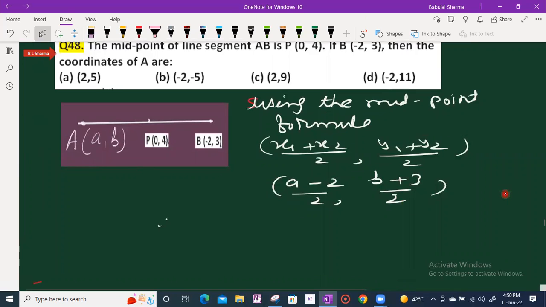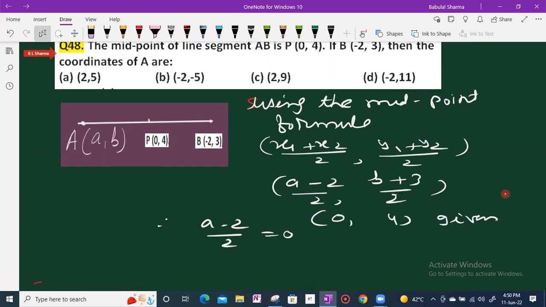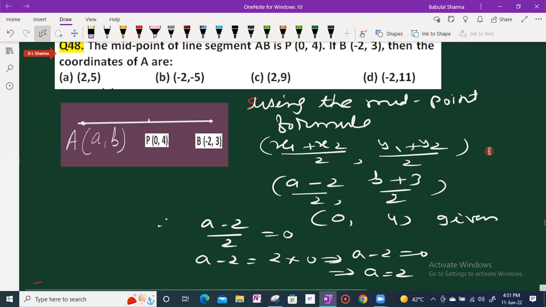Therefore (a minus 2) by 2 is equal to 0. See, the coordinates given are (0, 4). Compare: (a minus 2) divided by 2 is 0. So a minus 2 is equal to 2 multiplied by 0, which is 0. So the value of a is 2.